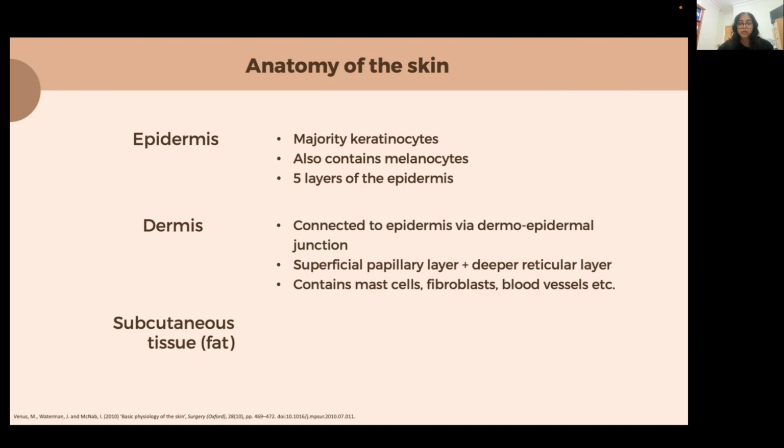We've got mast cells, fibroblasts, blood vessels, etc. And then we've got the subcutaneous tissue, and this is essentially the store of adipose tissue. I'm not going into too much detail of this for now, but this is just an overview of the main layers.